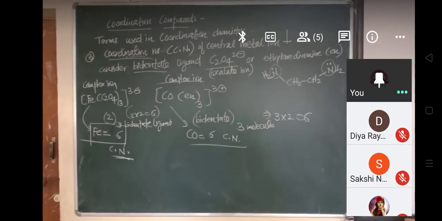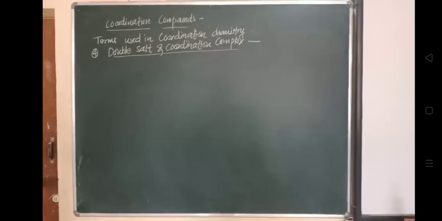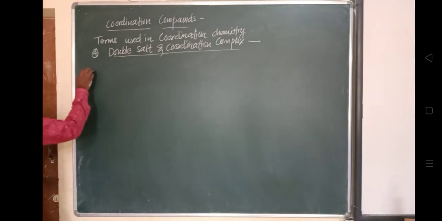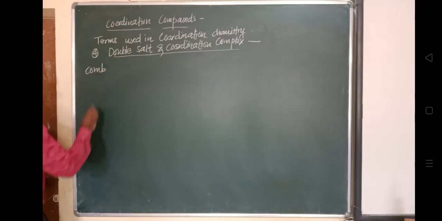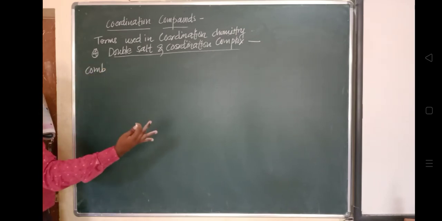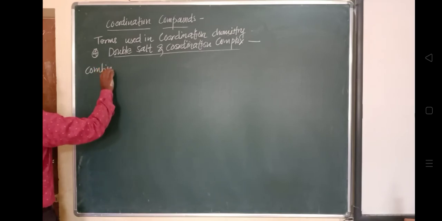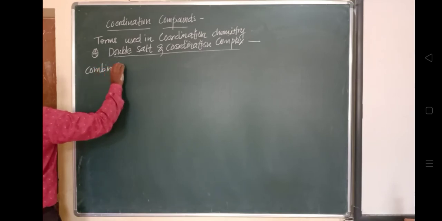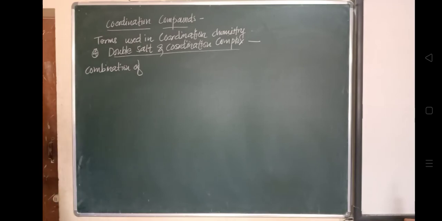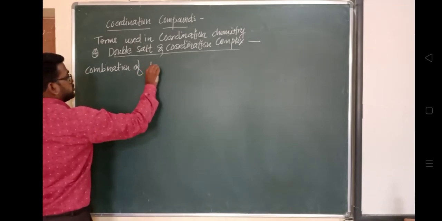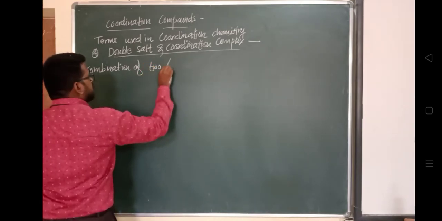These substances are nothing but the double salt and the second is a coordination complex. When do we get a double salt or coordination complex? Whenever there is a combination of stable compounds in stoichiometric ratio, in proper proportion.